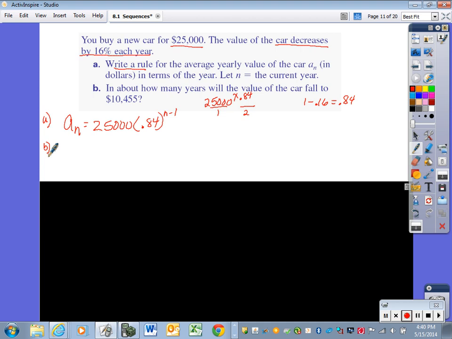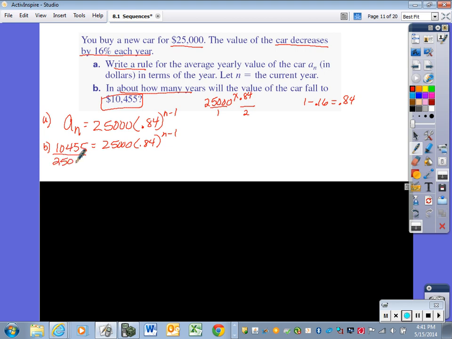Now part B says, well, when will your car be worth 10,455? Is 10,455 a sub n or n? A sub n. 10,455 equals 25,000 times 0.84 to the n minus 1.